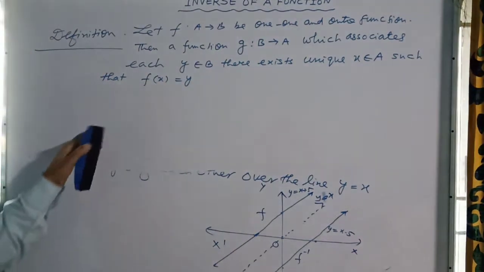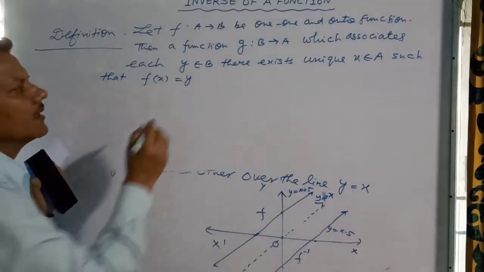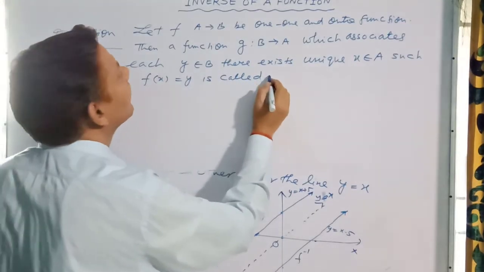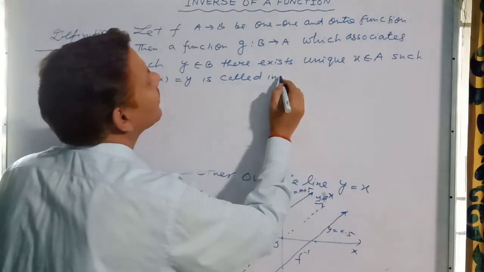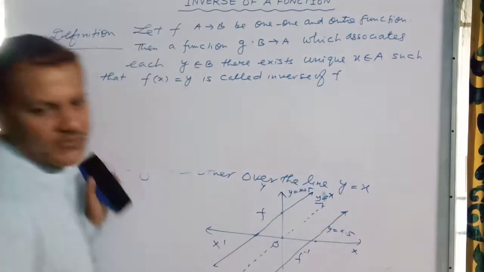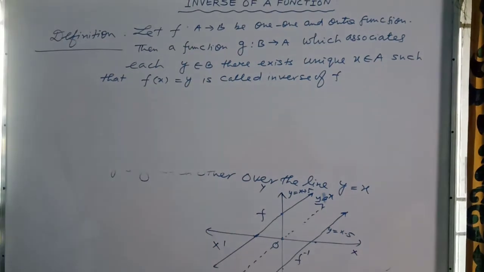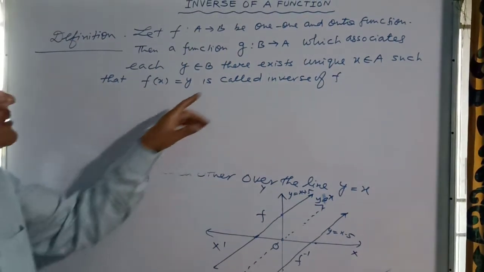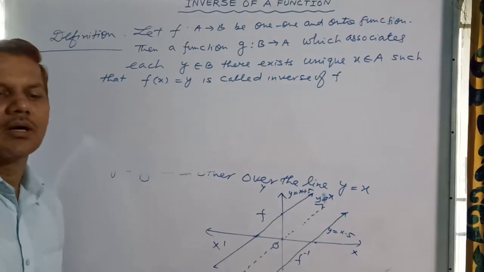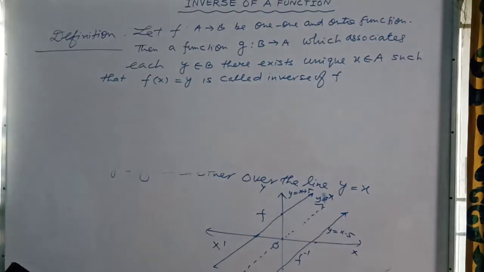Here we write f(x) equal to y, then it is called the inverse of f. That is a new function which associates each element of B to a unique element of A, is called the inverse of f. Okay.